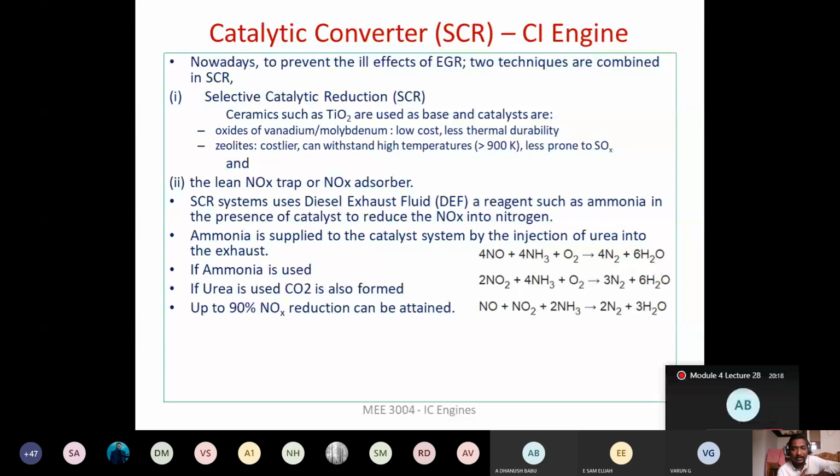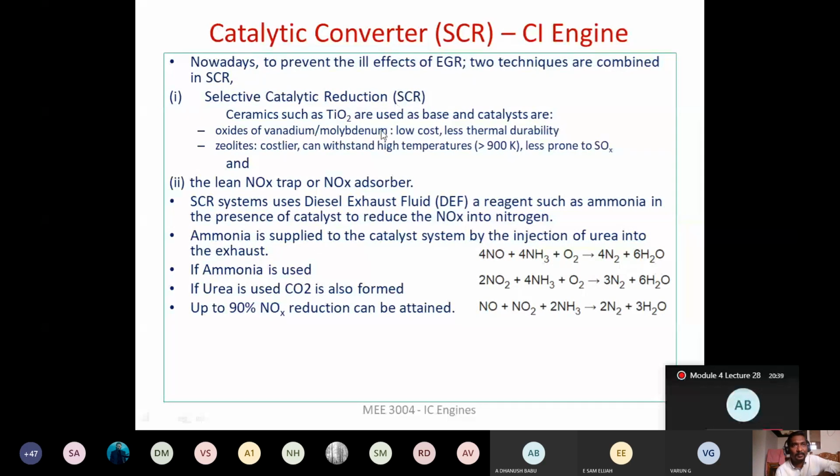Okay. So using this selective catalytic reduction process, we can remove almost 90% of the NOx from the diesel exhaust, right? So here this system is simple. Here we are not using any exhaust gas recirculation system. We are not bringing down the performance of the engine. We are not compromising on the performance of the engine.